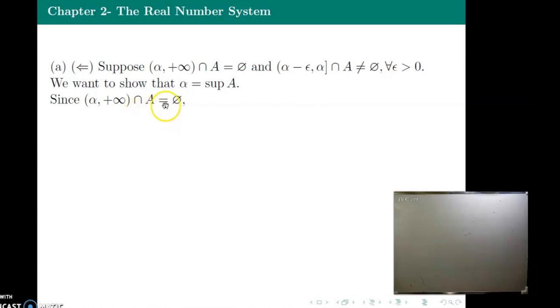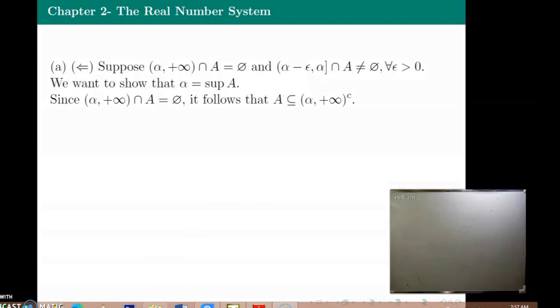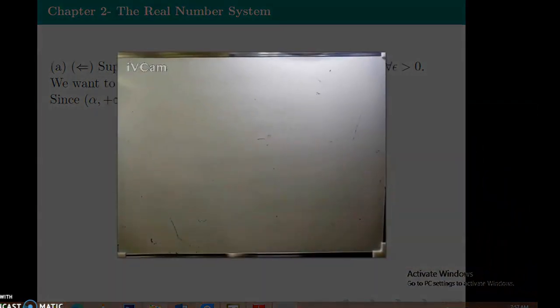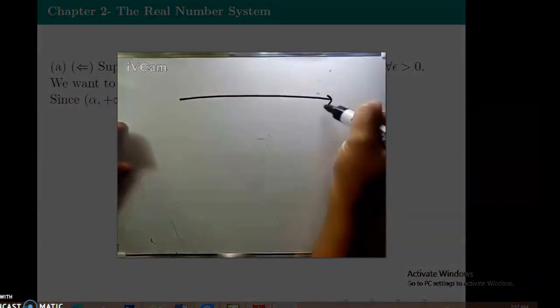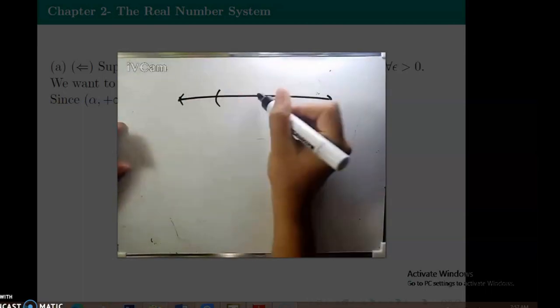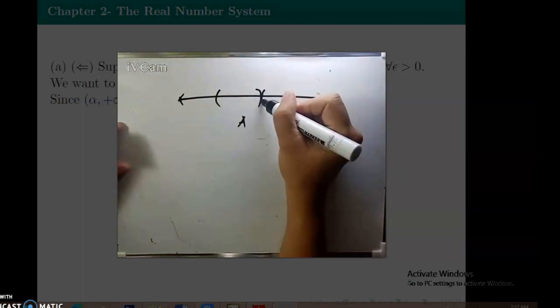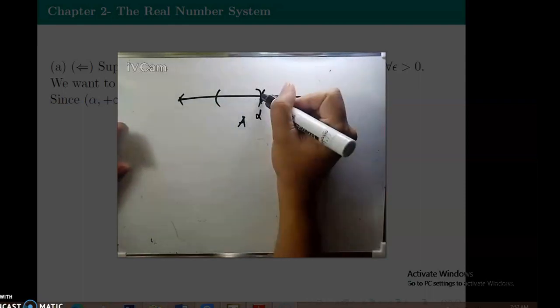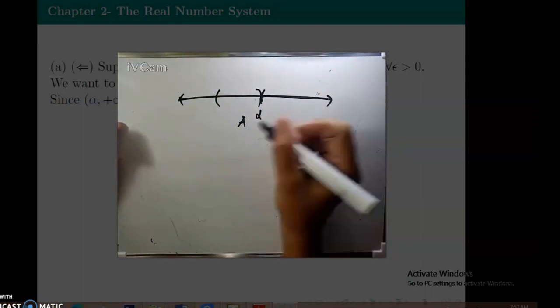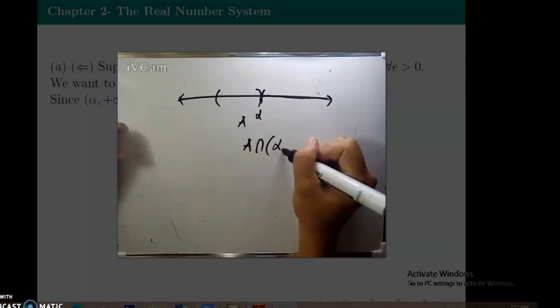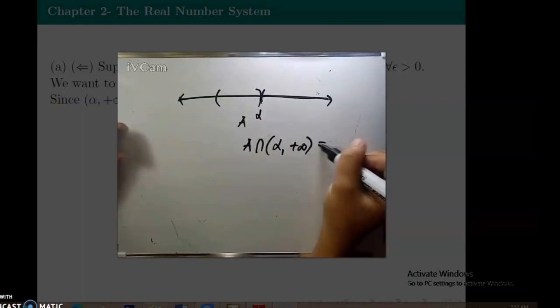Since, by our assumption, the intersection of the two sets here is empty, therefore it follows that A is contained in the complement. Now, to show that, say we have here set A, then say this is alpha, and based on our assumption, A intersection alpha to positive infinity is empty.